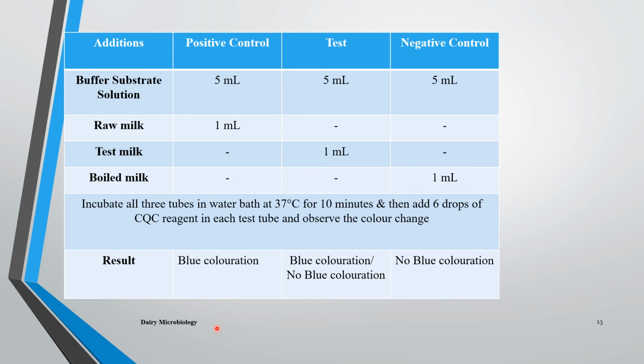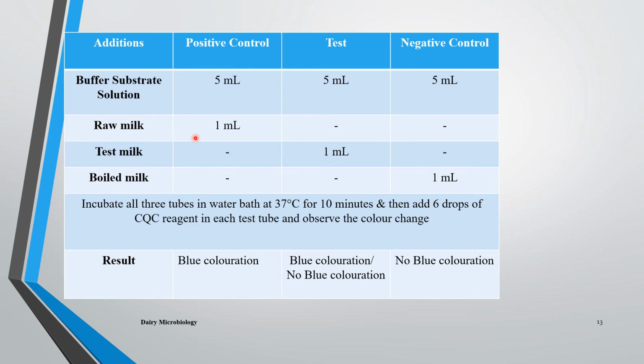So this test can be carried out again by taking 3 tubes, labeled positive control, test and negative control. Add 5 ml of buffer substrate solution in all these 3 tubes. Add 1 ml of raw milk in a tube which is labeled as a positive control.